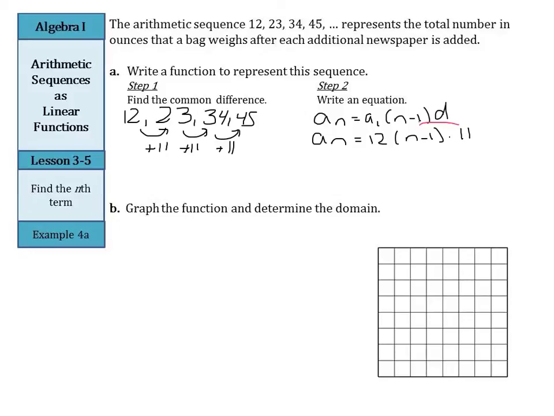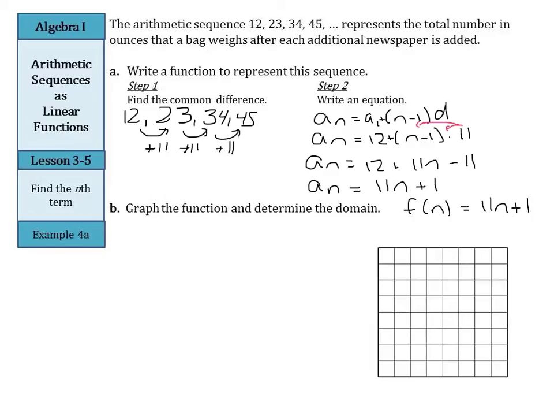Then distribute your 11 to the n and the minus 1, and this gets us an equals 12 plus 11n minus 11. Simplify it down to an equals 11n plus 1. And to write this as a function, we could write this f of n equals 11n plus 1.